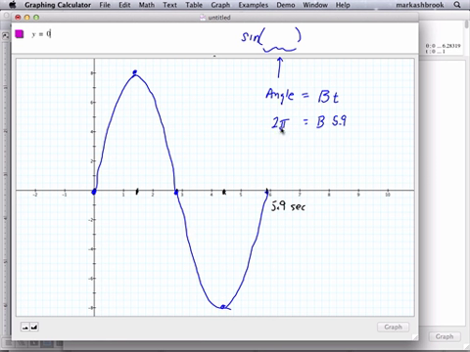So 1 rotation, we should be at 5.9 seconds, which allows us to solve for b, which equals 2 pi over 5.9. So what is the angle into sine in terms of t? 2 pi over 5.9.